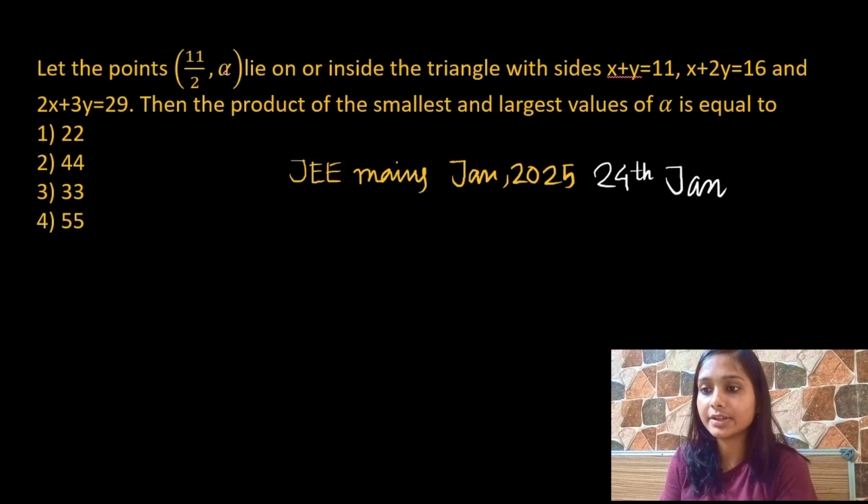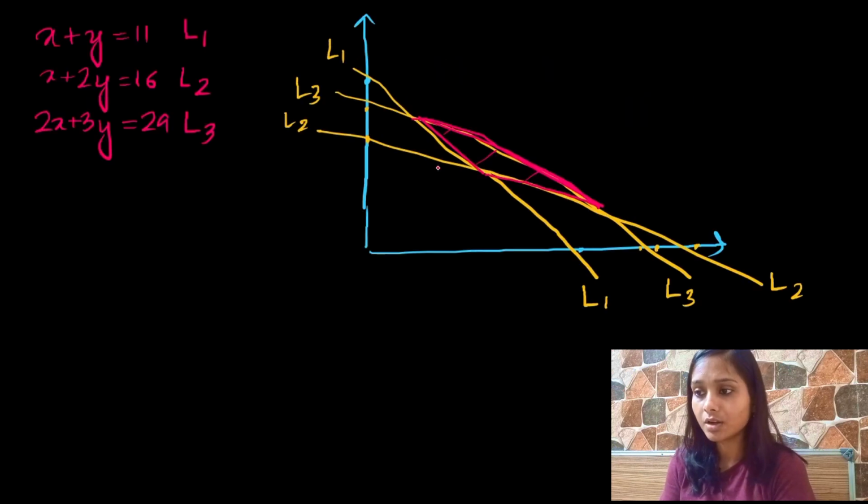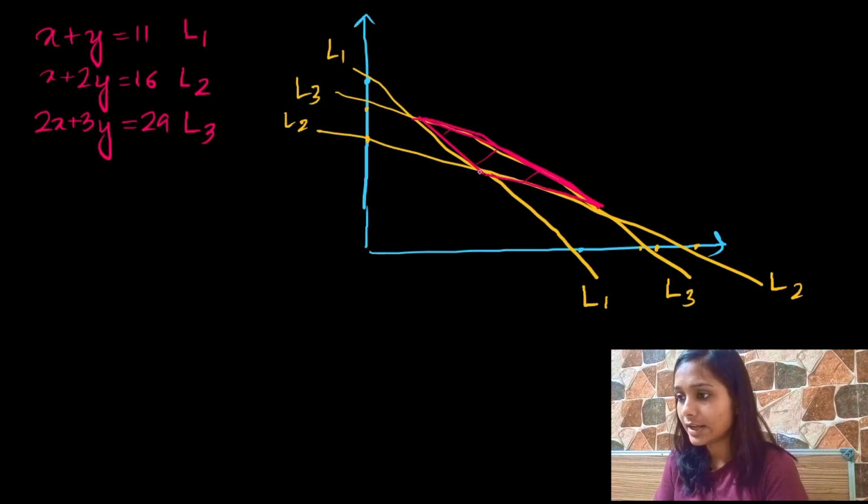So what we have here are points like 11 by 2 comma alpha. We need to find out the values of alpha where these points lie on or inside the triangle. Now let me first see what this point is. This is the intersection of line L1 and line L2.